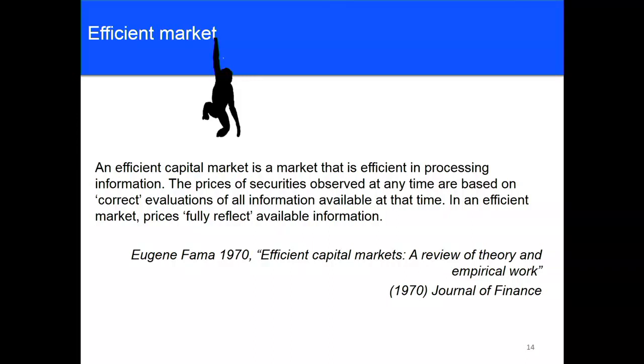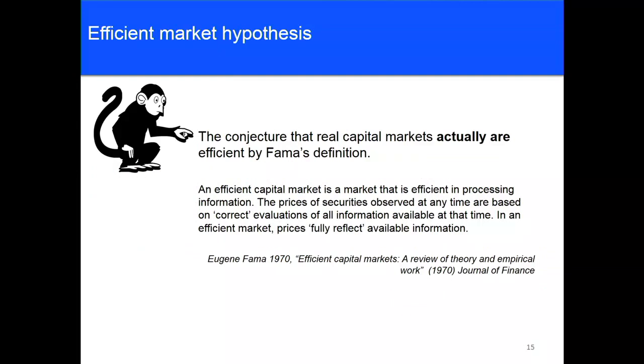So where the prices of securities reflect the correct expected cash flow, an accurate estimate of the cash flows given the available information, and the accurate discount rate. So in an efficient market, prices fully reflect all available information.